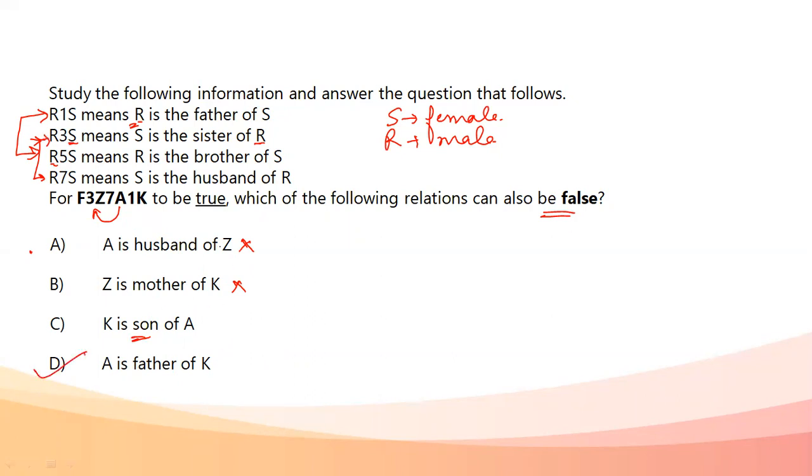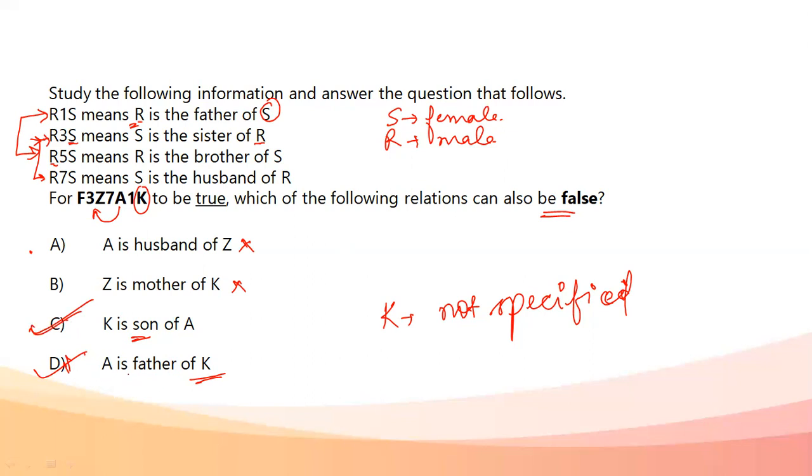But one thing I don't know here is that from here I know R is the father of S, which means R is male, but I don't know the gender of S. Similarly, here I don't know the gender of K. So the gender of K is not specified. Which means A is the father of K is true, but K is the son of A is not necessarily true. K can also be the daughter of A. In that case also, A is the father of K would hold true. So the statement that is false is C. My answer is option C.